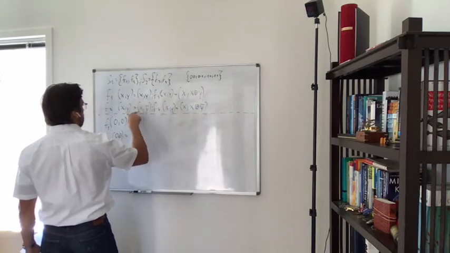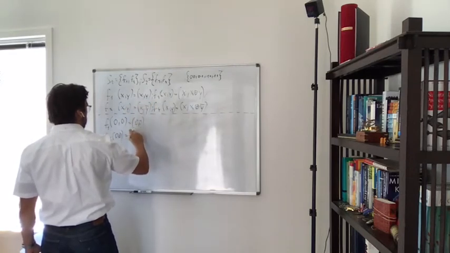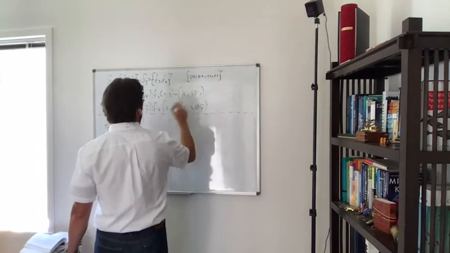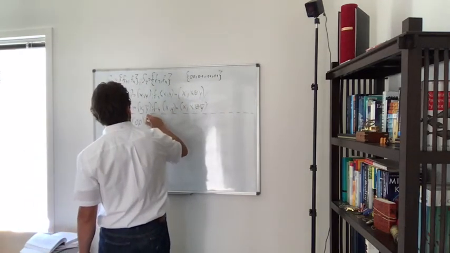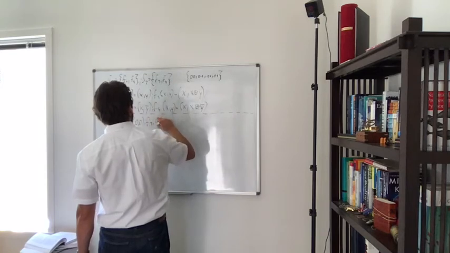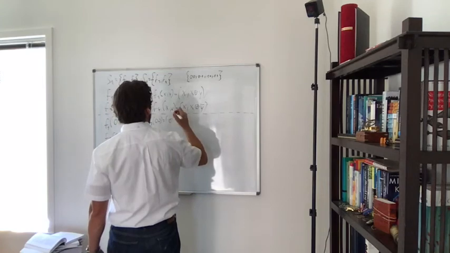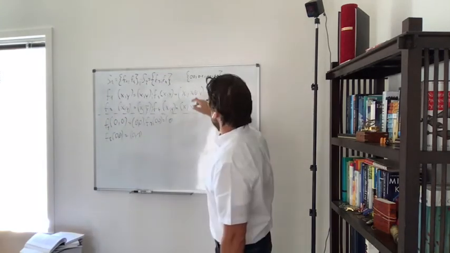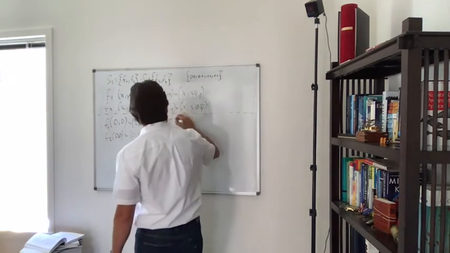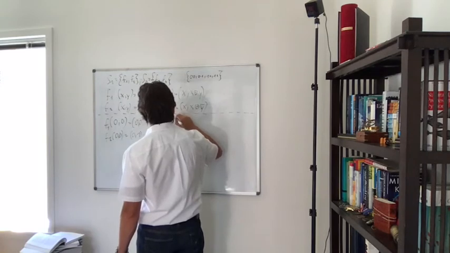Function 2 has x, not y, gives me 0, 1. Function 3 of 0, 0 gives us 0, and 0 plus 0 is 0, divided by 2, 0 remainder.